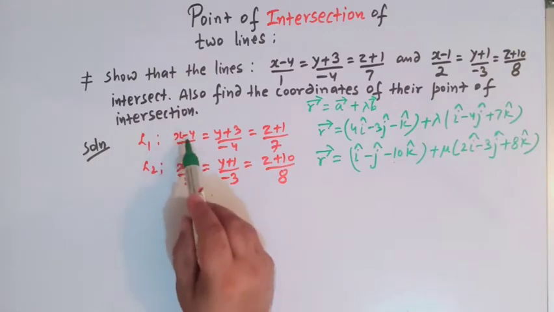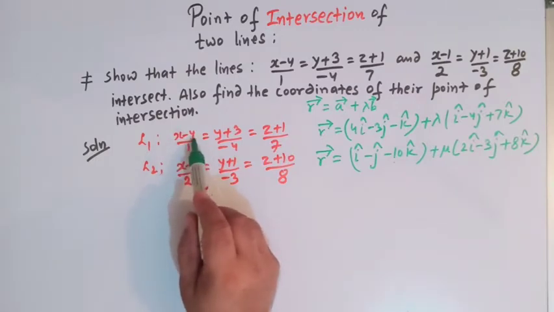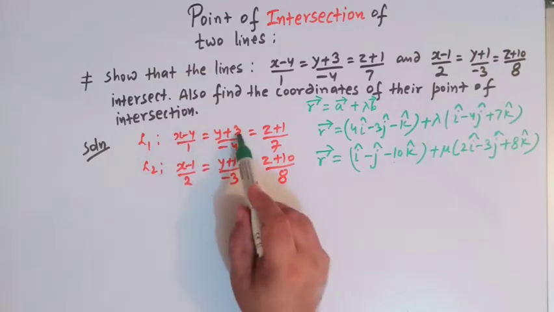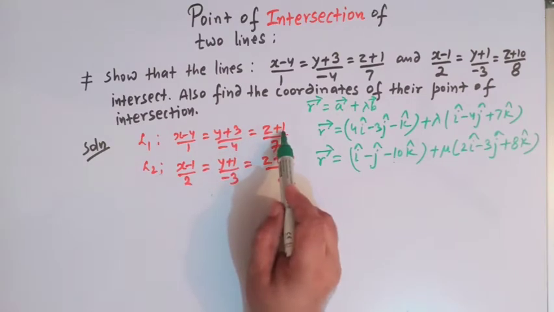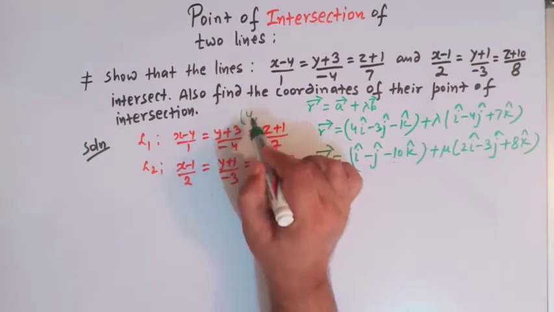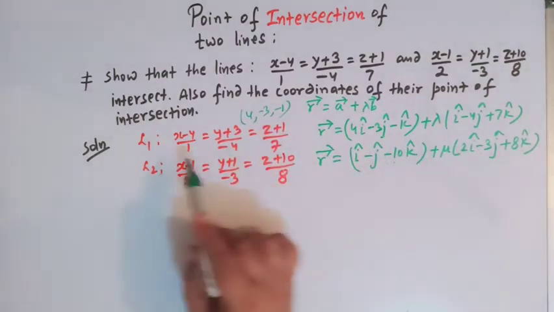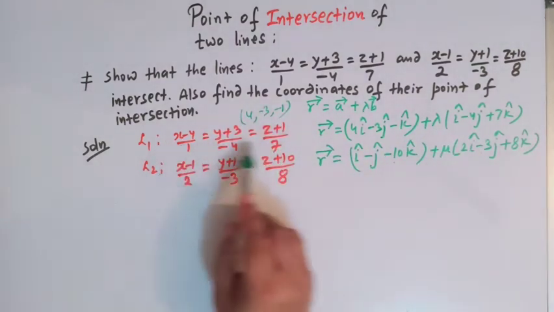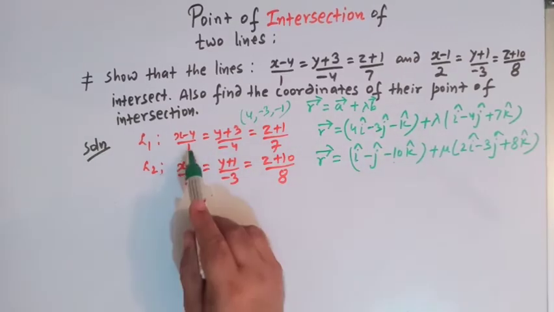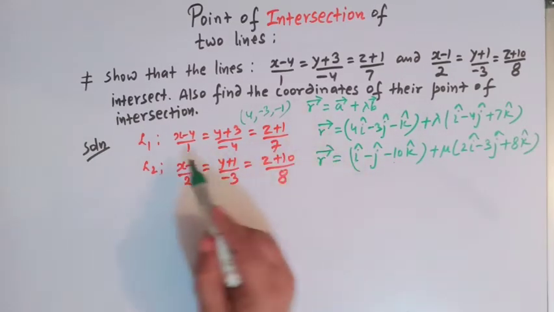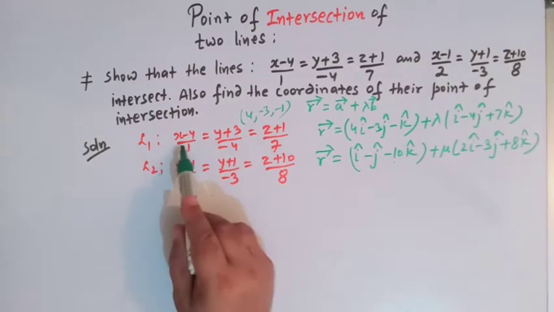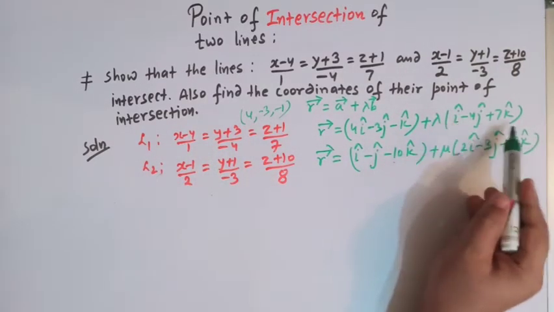Here this line passes through the point (4, minus 3, minus 1), and the direction ratios of this line are 1, minus 4 and 7. In other words, this line is parallel to this vector.